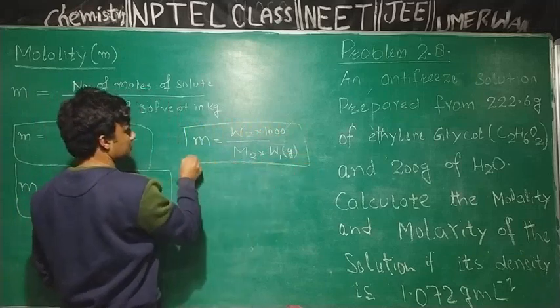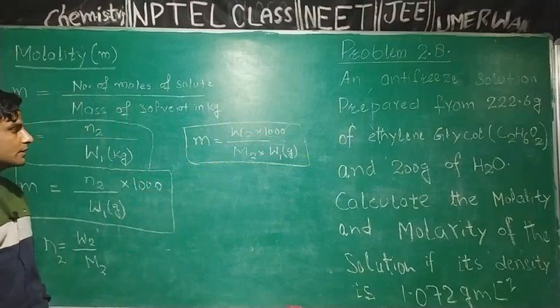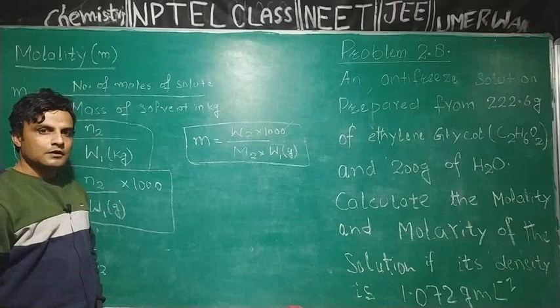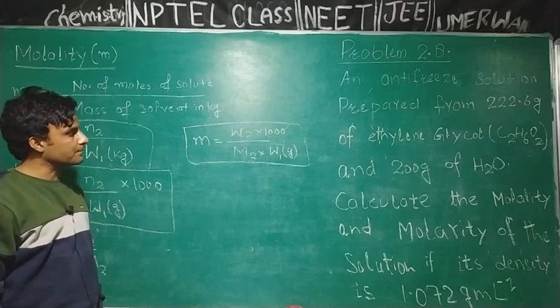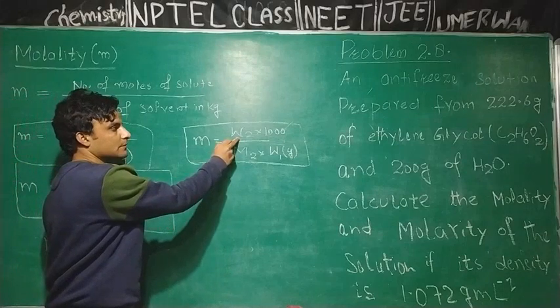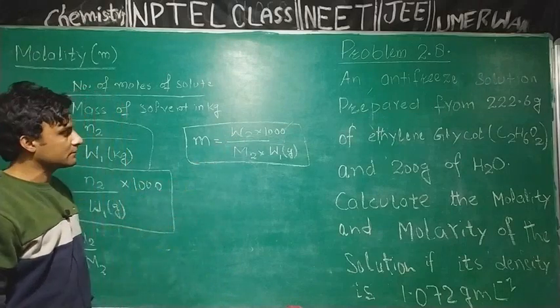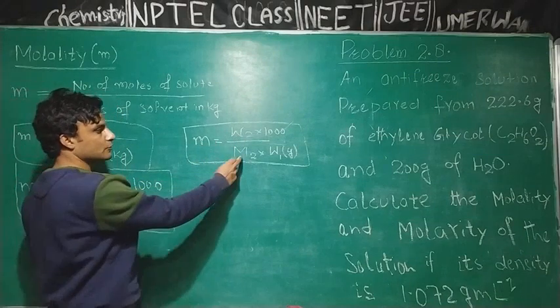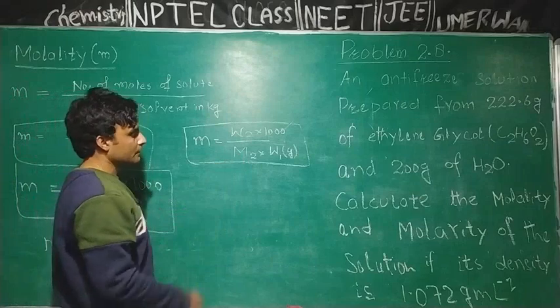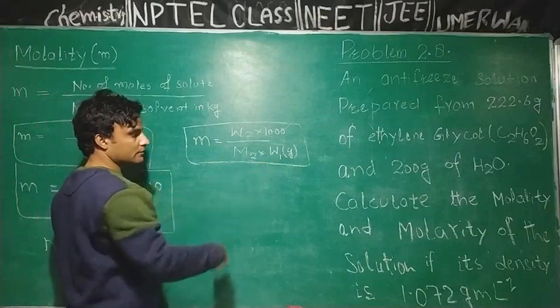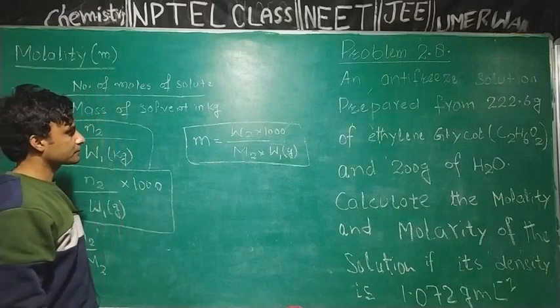This is the applied equation for expressing molality of solution, and in this equation all the parameters are related to solute, that is W2 is mass of solute which we can measure or weigh on balance. M2 is molar mass of solute which we can calculate from its formula, and W1 is mass of solvent.